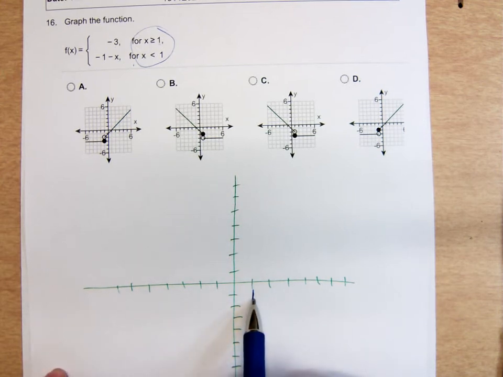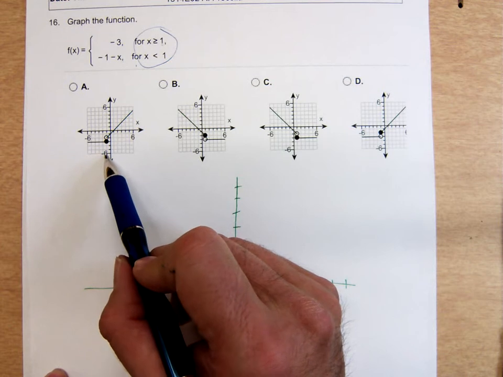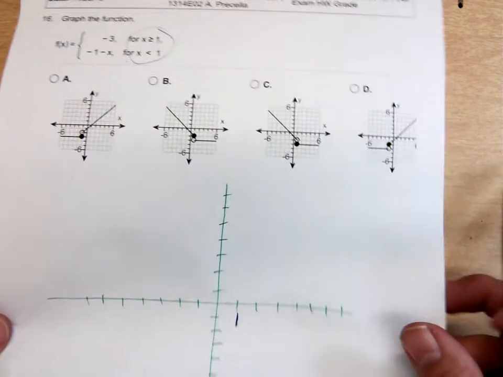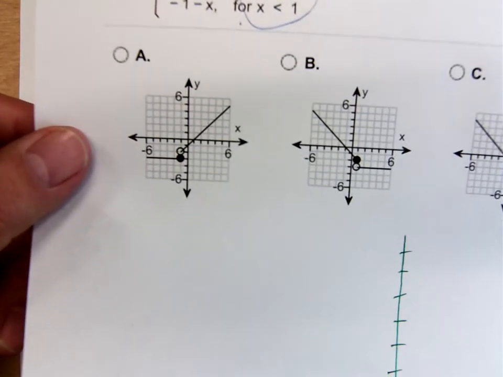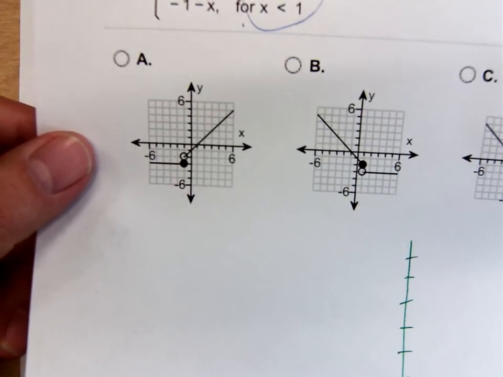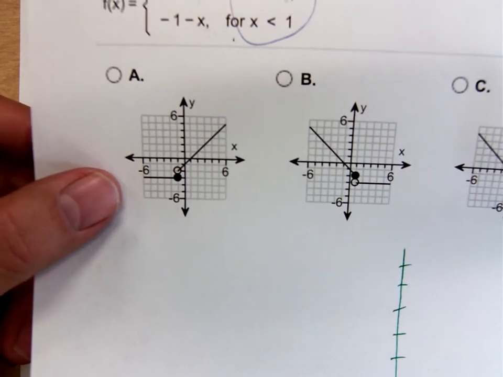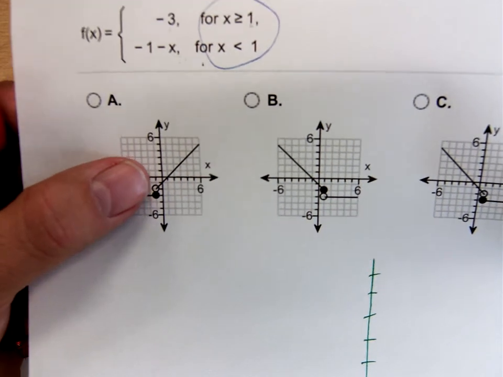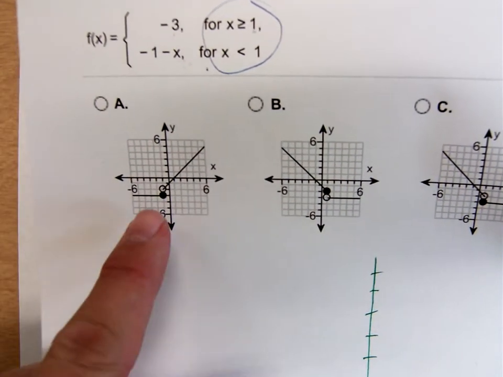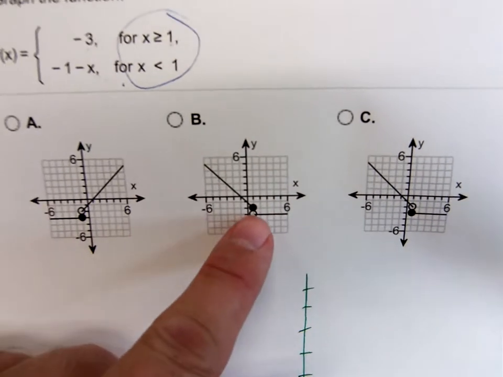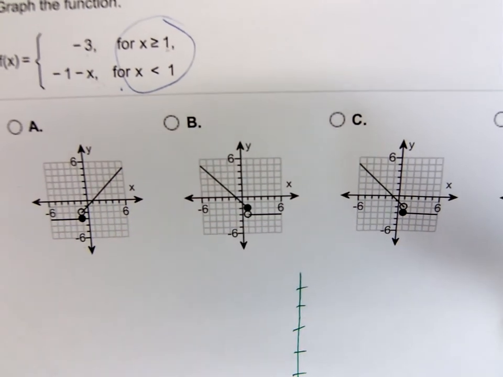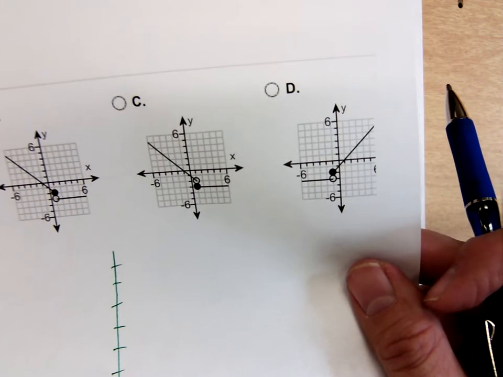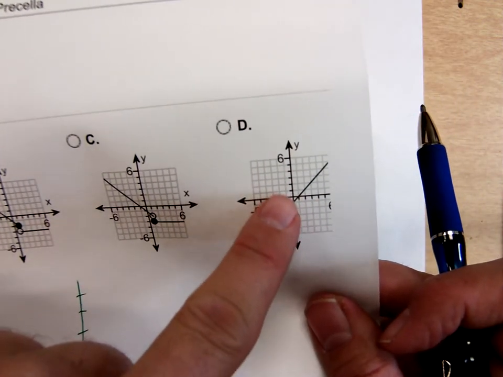It's sort of hard to tell because of the way it printed out. I guess I can do a physical zoom and lift it up. See, on answer choice A, it looks like the graph is changing at -1, right? Okay, it's not changing at 1. Answer B looks like it's changing at +1. So does answer C. And answer D, it's back changing at -1. Can y'all tell what I mean by that?